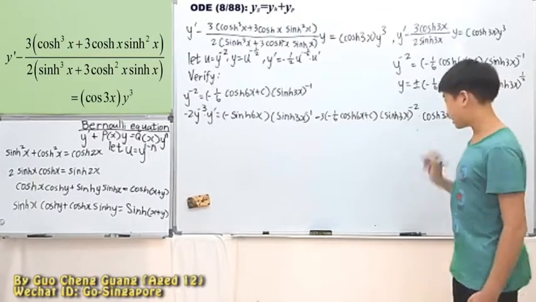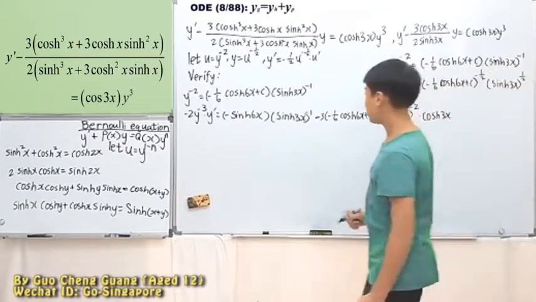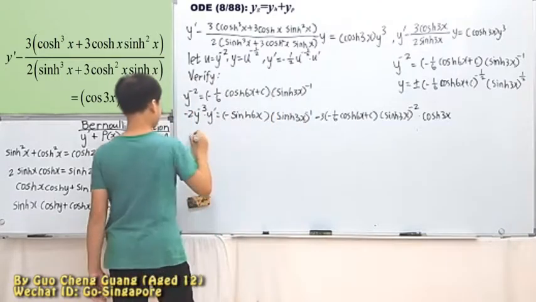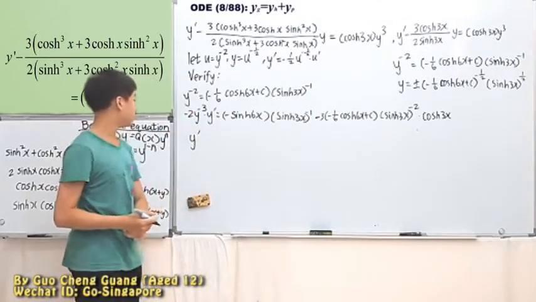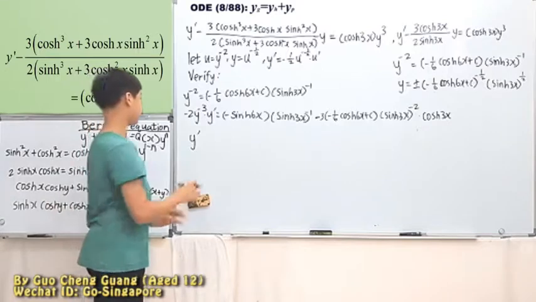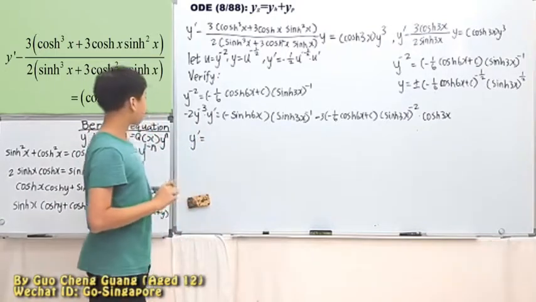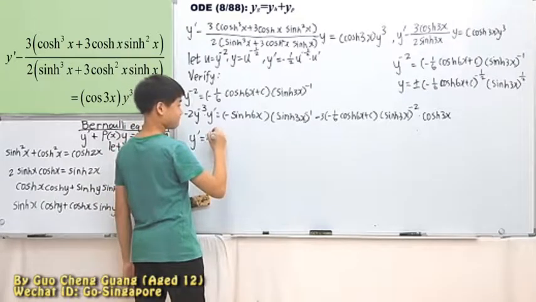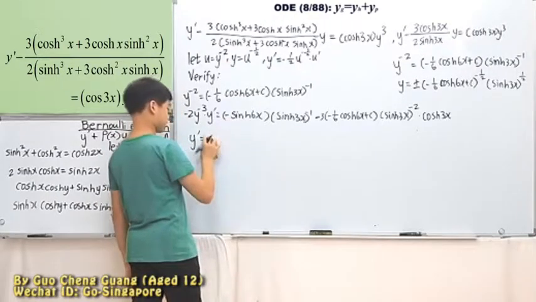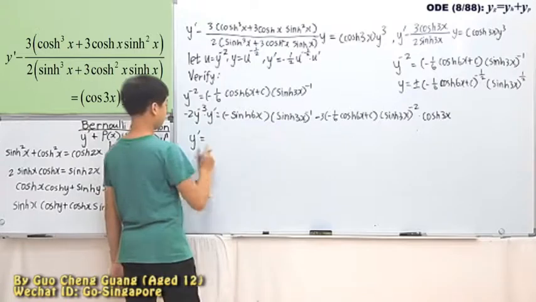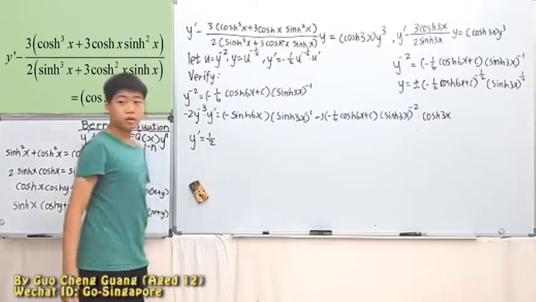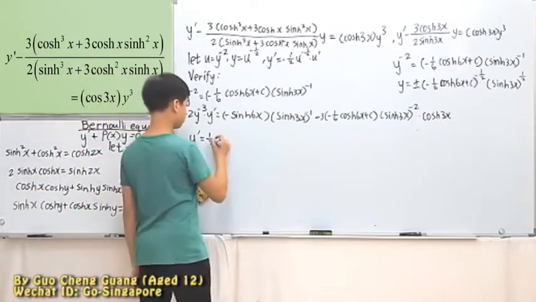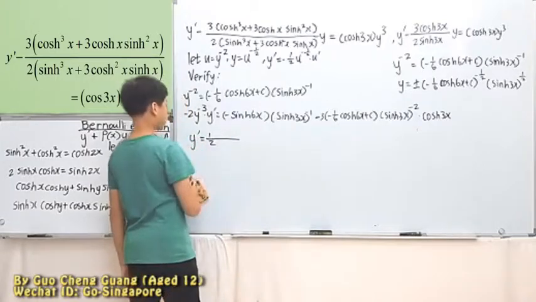So I have something like this. Next part, let's just straight away find out y prime. Okay, so this negative can cancel out with this. So then it will become 1 over 2. Then this 1 over 2 you still have to contain these.